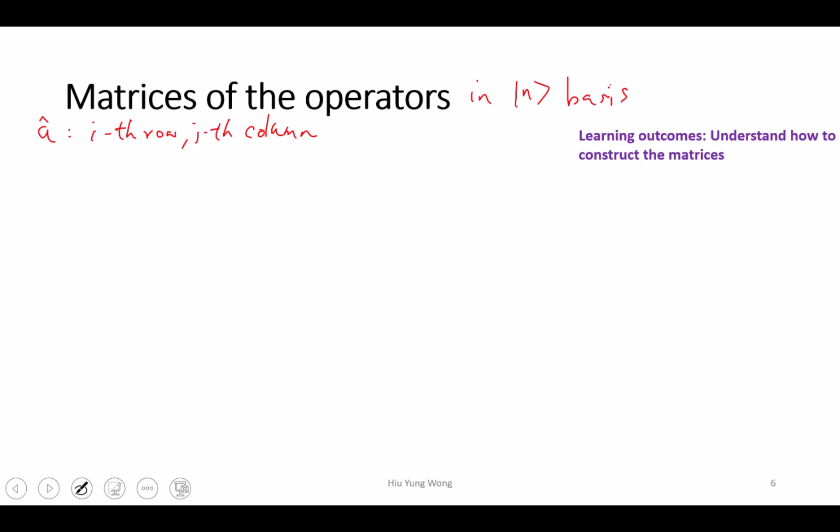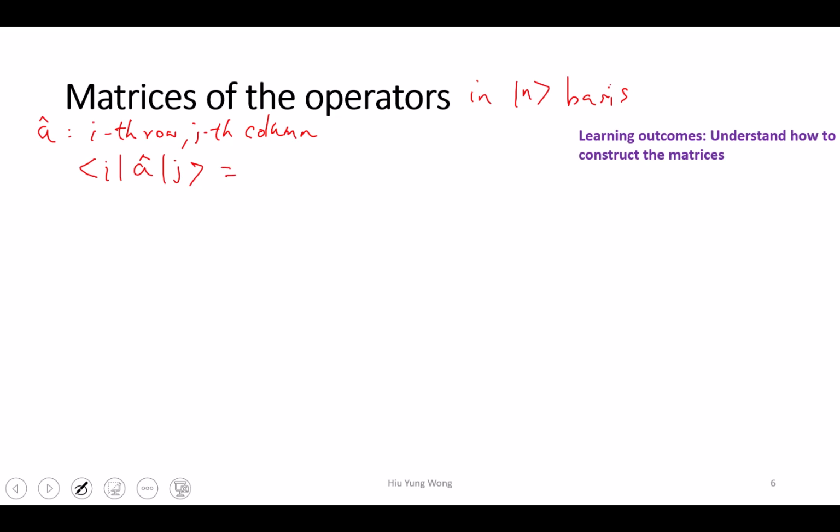Do you remember? You just sandwich the ith eigenvector and then the jth eigenvector. Okay? Do you remember this? Now, what is this value?